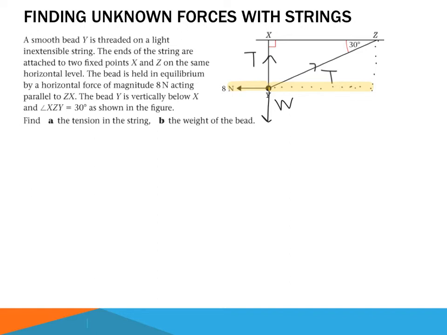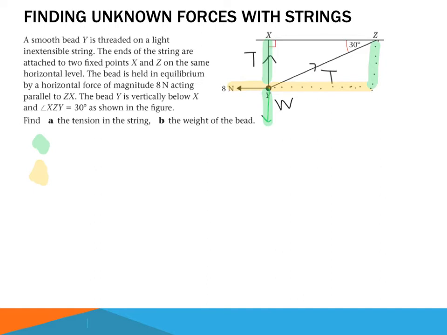We would also have in the vertical direction this component of the diagonal tension, this component of tension, and the weight of the particle there. So we're going to have a green and a yellow equation as our starting points. Then we'll be able to use them to find the unknowns.